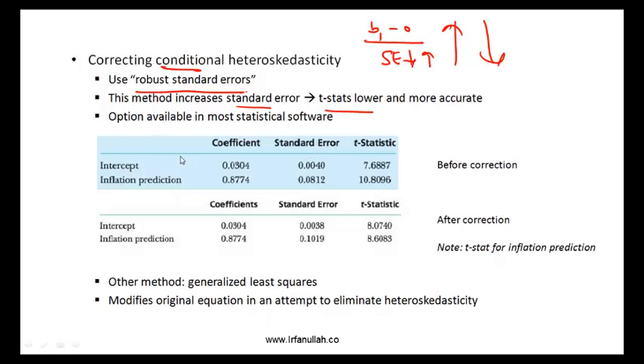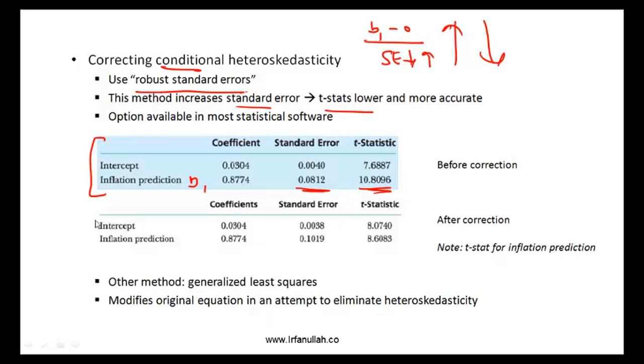And to show you an example, we were just looking at this inflation and interest rate example, and before we did the correction, if you look at the B1 coefficient, the standard error was 0.08 and the test stat was 10.8.